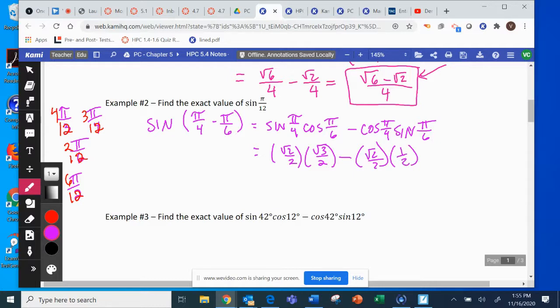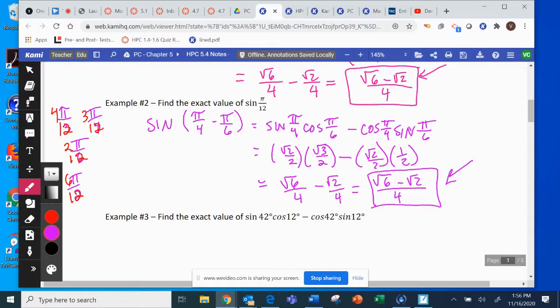So I'll plug my values in. I'm going to simplify it, and I get square root of 6 over 4 minus square root of 2 over 4, which is square root of 6 minus square root 2 over 4. So that would be the exact answer.